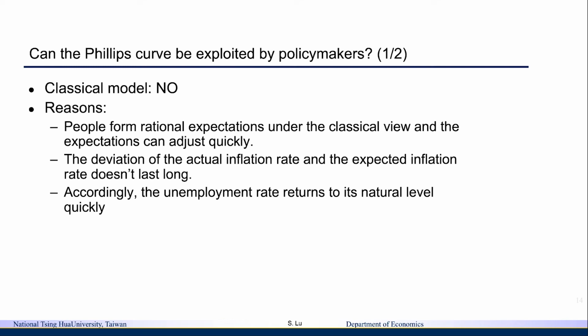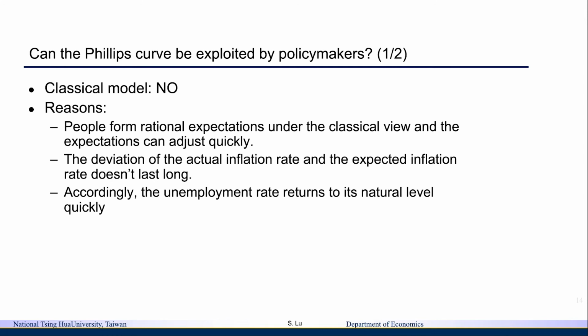So if the unemployment rate is way too high, then we can probably raise the inflation rate such that we will be able to lower the unemployment rate, because there exists a negative relationship between the two. So we want to ask, can this relationship be exploited by policymakers to resolve some of the unemployment issues?